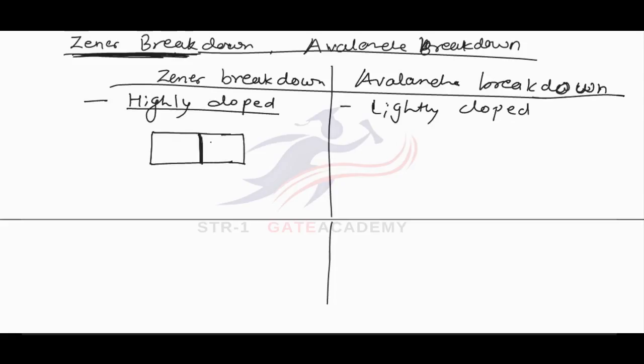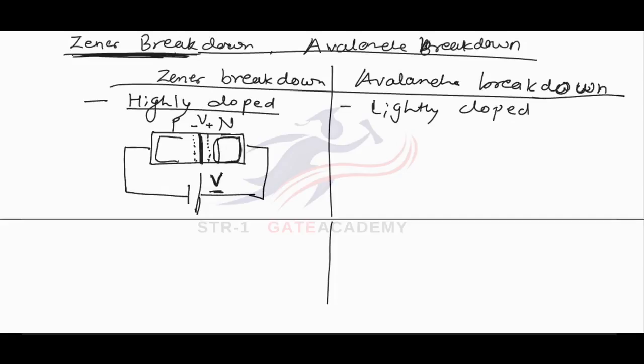This is junction, and the depletion layer width, as we have already discussed, when doping increases, depletion layer width decreases. We have biased this diode in reverse direction, and when this diode is reverse biased, almost all the applied voltage V will drop across this depletion layer, because this region is conducting, so drop will be very less.